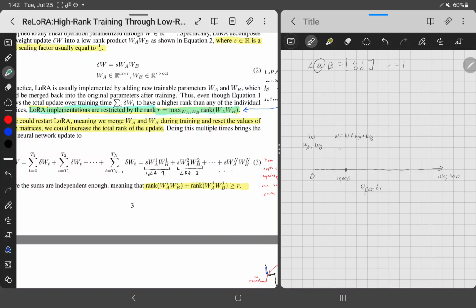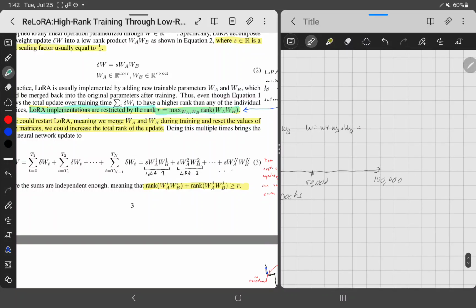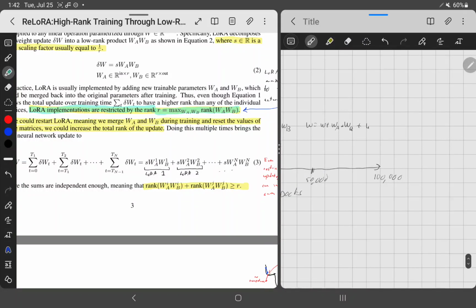We combine these matrices together, and then we create two new LoRA matrices, W hat A and W hat B. Then let's say at 50,000, we combine these matrices again. So W is equal to W plus WA dot WB, this is our old one at 10,000, and then we add the new matrices, W hat A dot W hat B. Then you keep going, adding these LoRA matrices at select intervals.